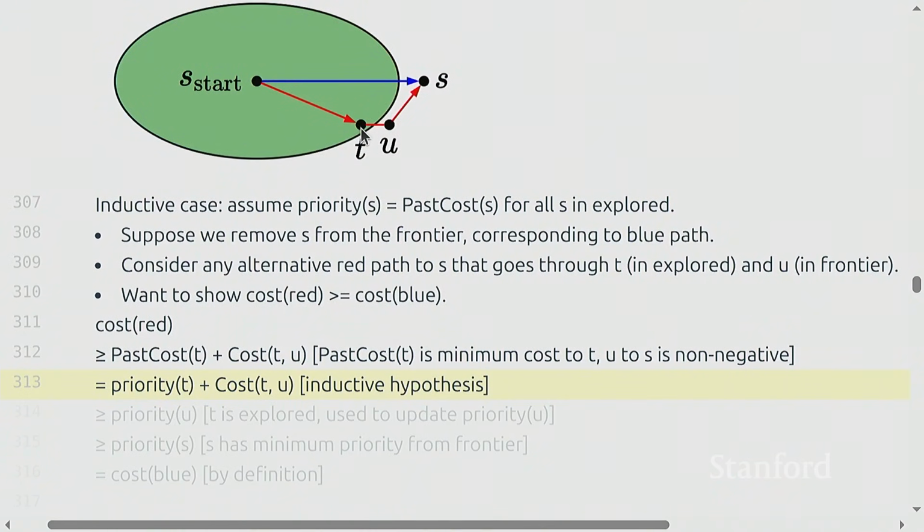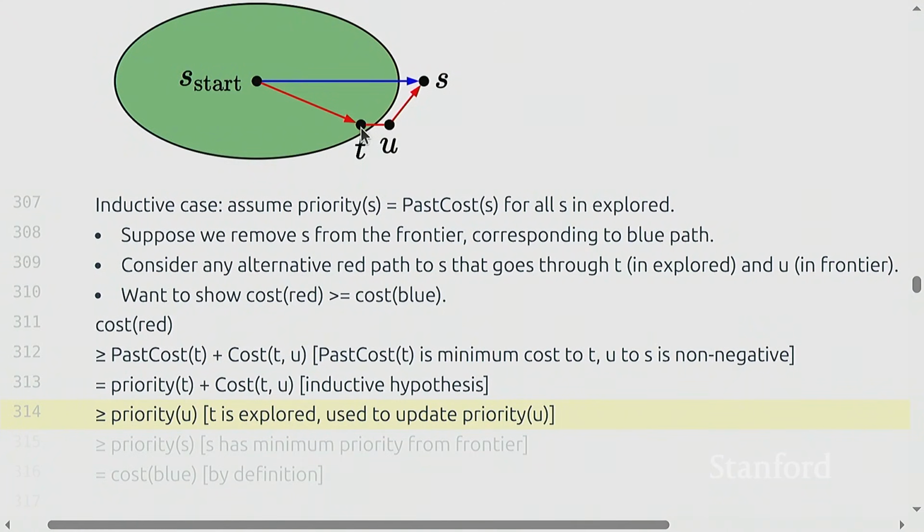Okay, so the next step is I'm going to say this is upper bounded by the priority of U. The reason is that when T was added to the explored set, some time ago, and I remember when you add something to explored, you check out the frontier, or look at successors.